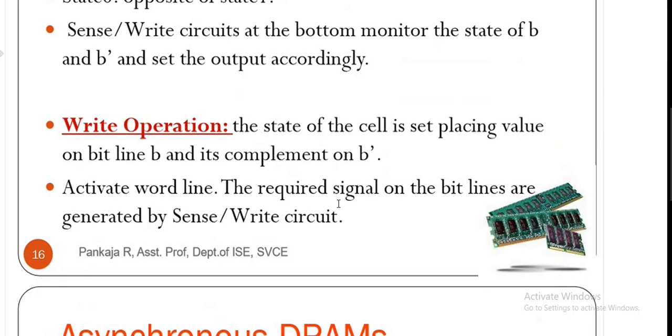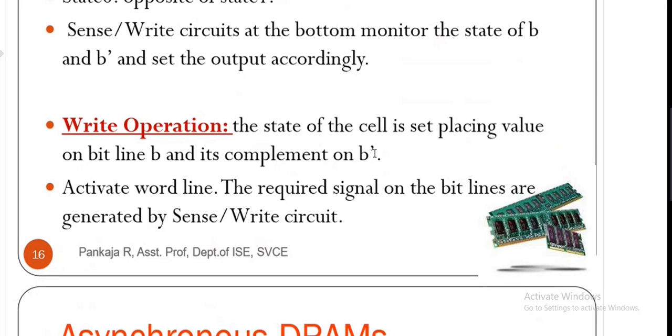Now once again, the same procedure is used. That is, the state of the cell is set by placing the value on the bit line and its complement on B dash. The first step is to activate the word address. Then come to the column address, that is the bit line. Depending on the data you are getting from the data line, either 0 or 1, accordingly you set the bit line.